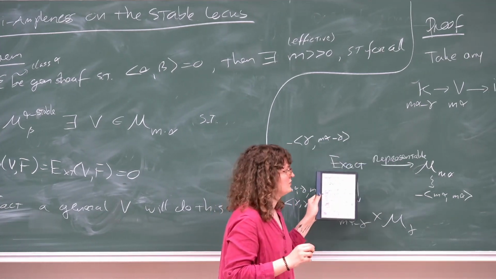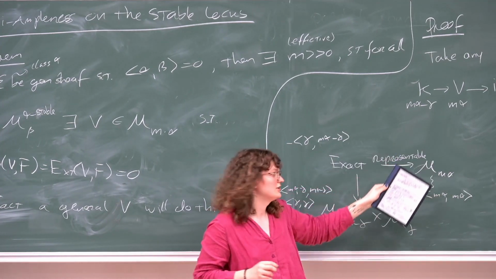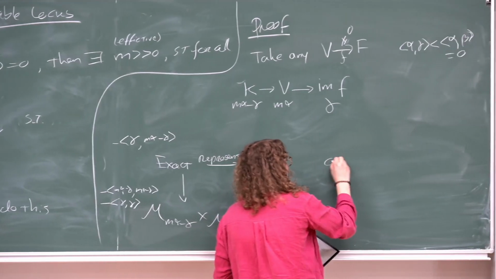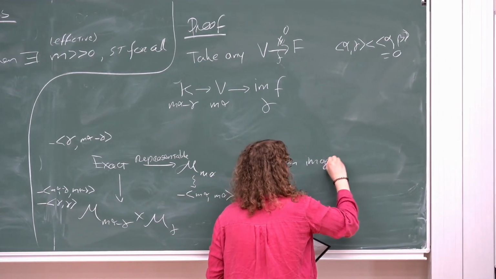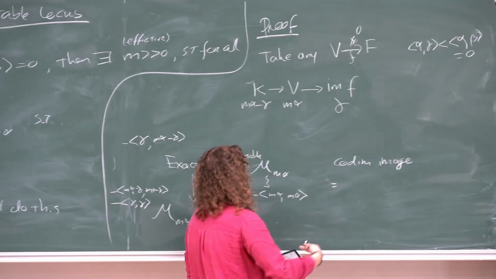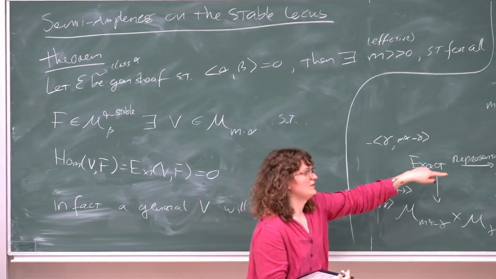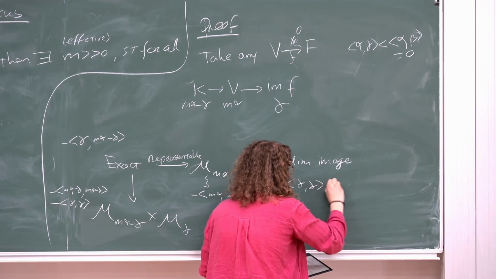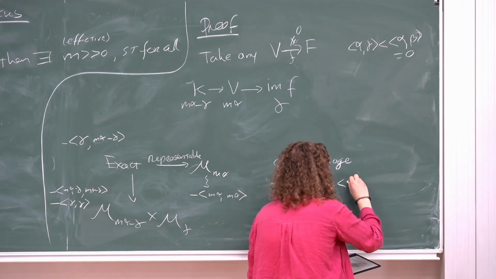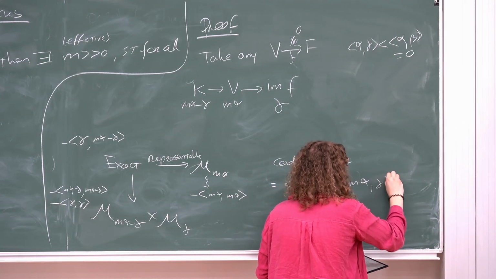And that means that I can talk about the codimension of its image in a nice way. I claim that the codimension of the image, I just have to add and subtract these all up. And then I find that it is given by this formula.